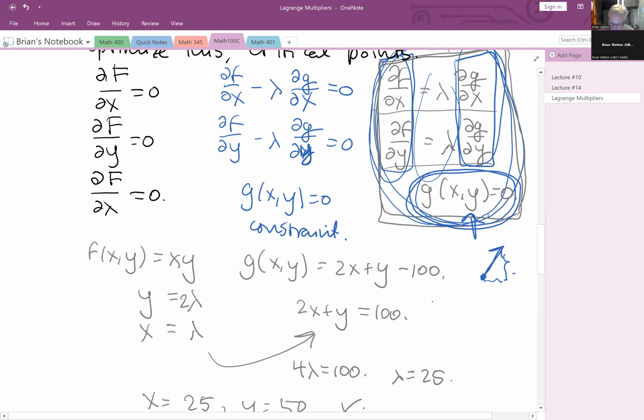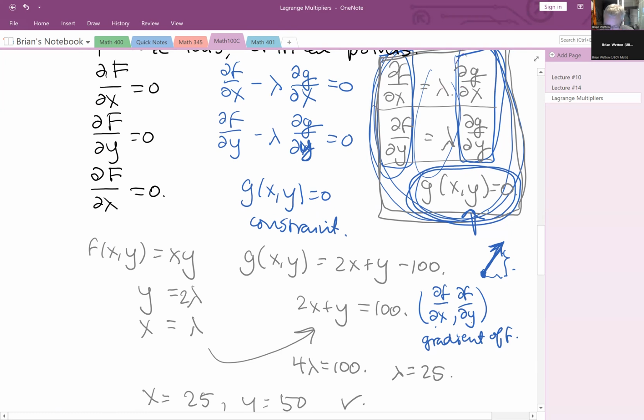One is this vector that's got an x component, the partial derivative with respect to x, and the partial derivative with respect to y. So that points in a certain direction. At every x, y point, you can compute these two things. They give numbers, and that gives you an arrow. And this is called the gradient of f, this direction.